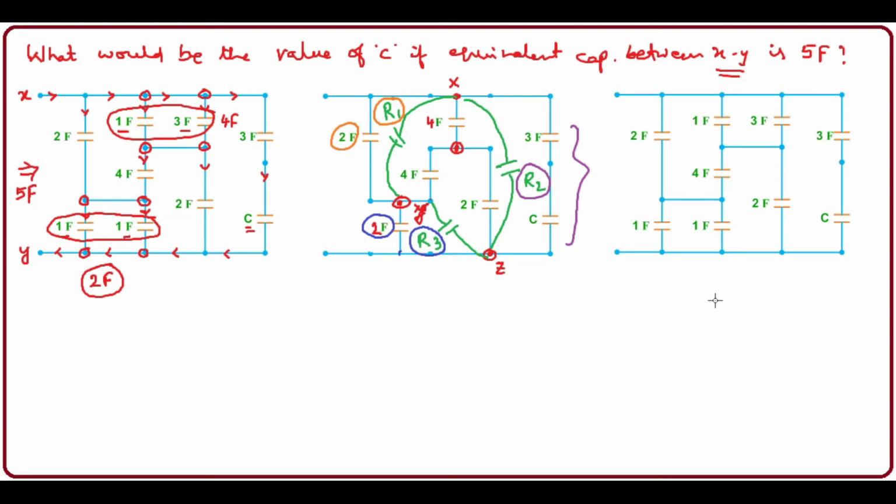Simply, these things will be deleted. Let me remove them. We have 3 points now: this is the Y point, this is the Z point, and this is the X point. Here we can draw the things, and I am drawing with green color.